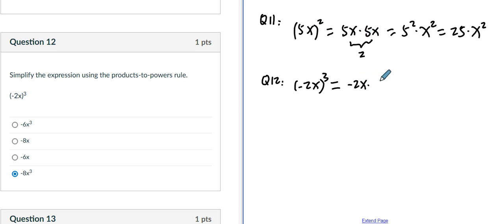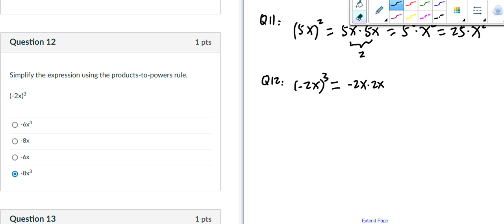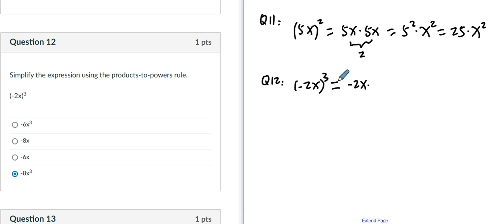And here we have a 3 on the exponent. So what we do is negative 2x, negative 2x, negative 2x.